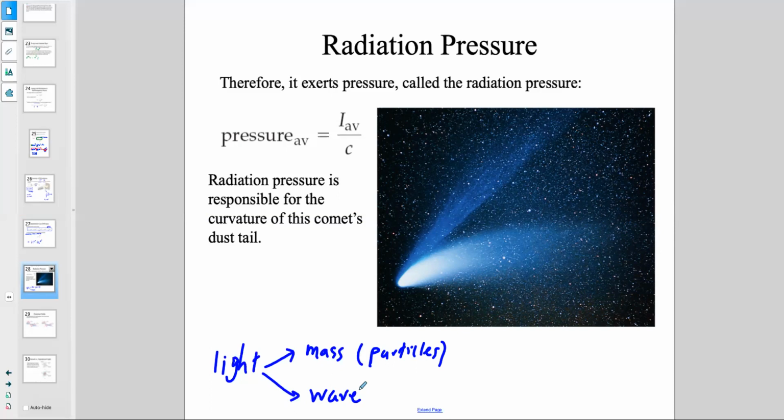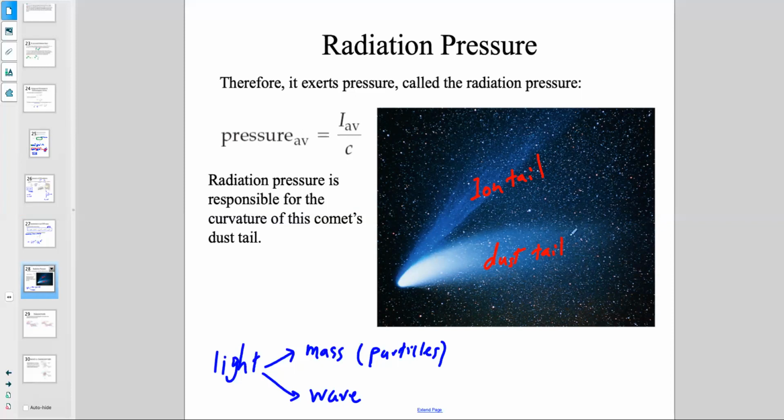For example, what you can see is a comet, and the dust tail changes the color. This is the dust tail, and this is the ion tail. The dust tail and the ion tail are there in the comet, but the radiation pressure is responsible for the curvature.